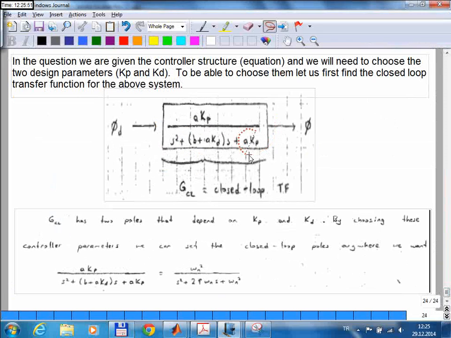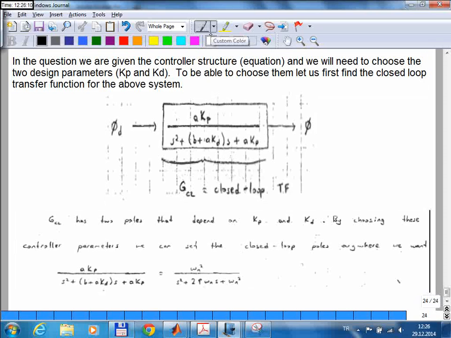And if you look at the coefficients, there are two of them, and I have two free parameters. That means these two coefficients can be set arbitrarily by using the two parameters of the controller. So this is a very important statement. We can set the closed loop poles anywhere we want by using these two parameters.